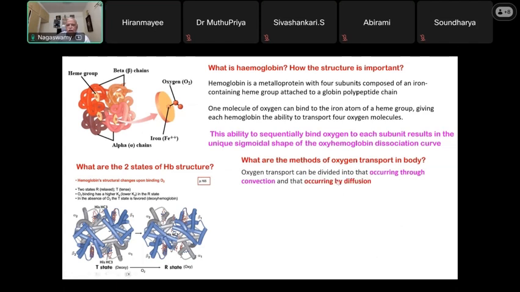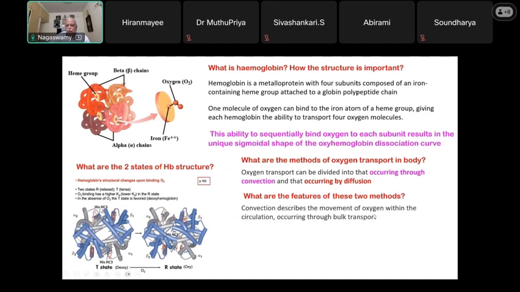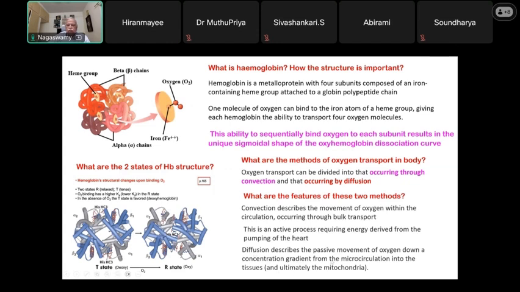Oxygen transport is divided into convection and diffusion. Convection is the movement of oxygen within the circulation through bulk transport by hemoglobin, and this is an active process requiring energy derived from the pumping of the heart. And diffusion describes the passive movement of oxygen down a concentration gradient from microcirculation into the tissues, ultimately to the mitochondria.